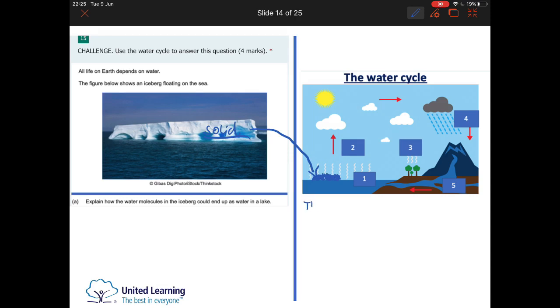Now, we can say the iceberg melts. So when we say melting, the ice turns into water.